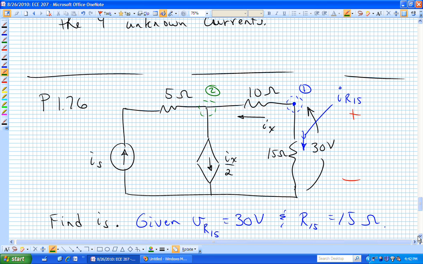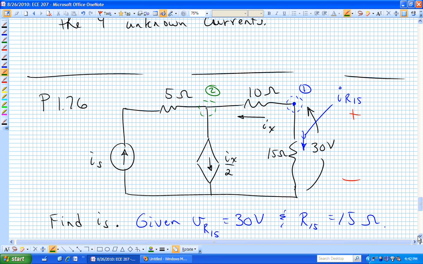That's actually the same as I sub X, but I want to know exactly what's going through that resistor. Then you would say, what's the voltage drop across that 15 ohm resistor? You now have it going into the negative terminal of your resistor.